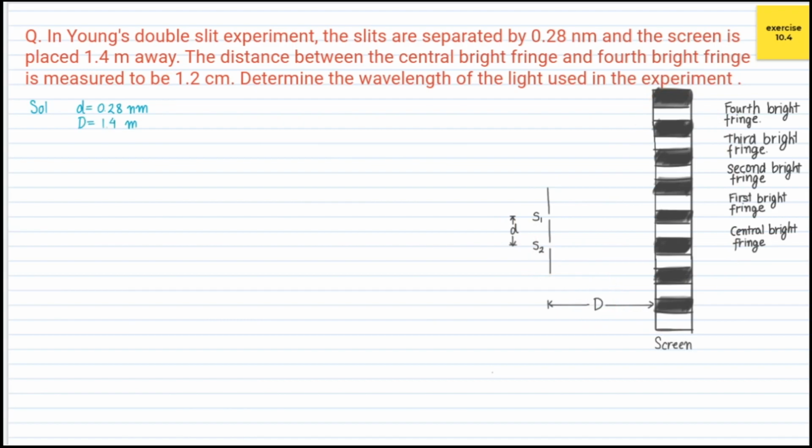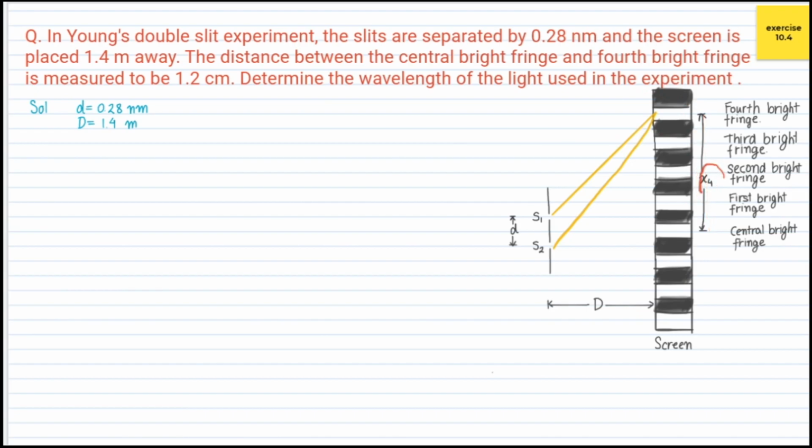Next, they have said that the distance between the central bright fringe and the fourth bright fringe is measured to be 1.2 centimeter. So if this one is your central bright fringe, then this is central, this is first, second, third, and fourth. This is your fourth bright fringe.